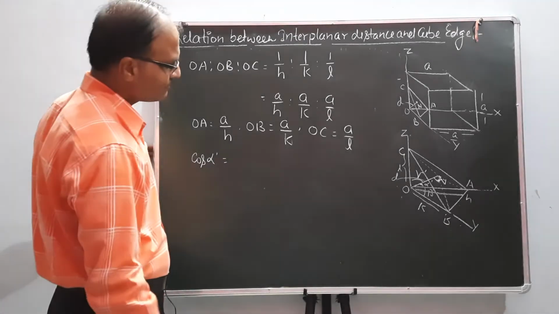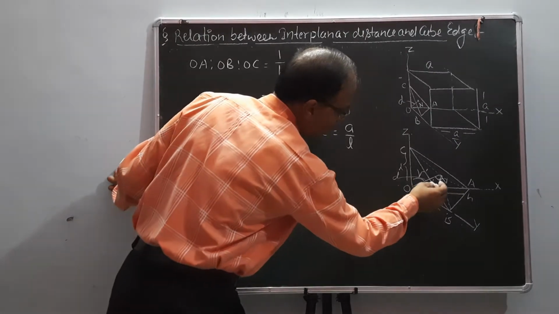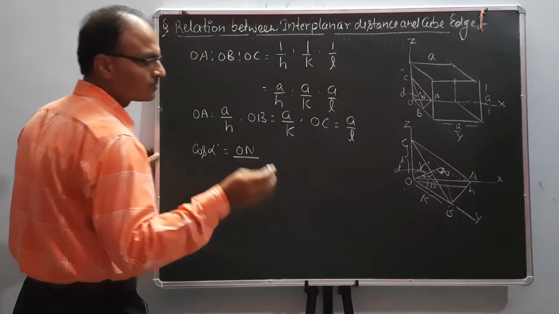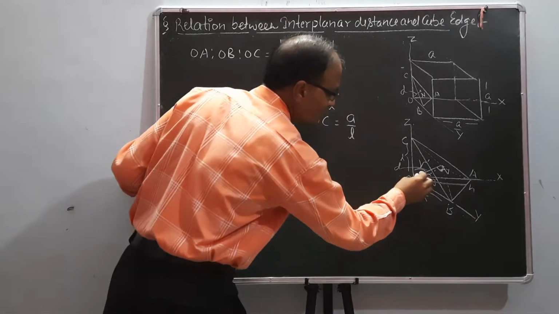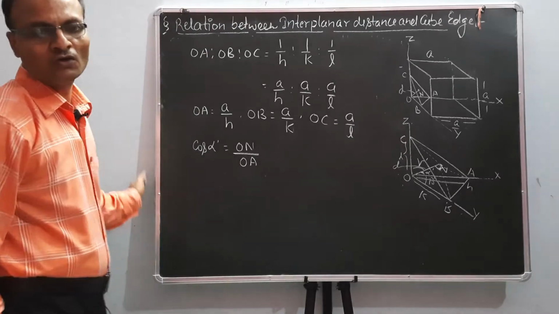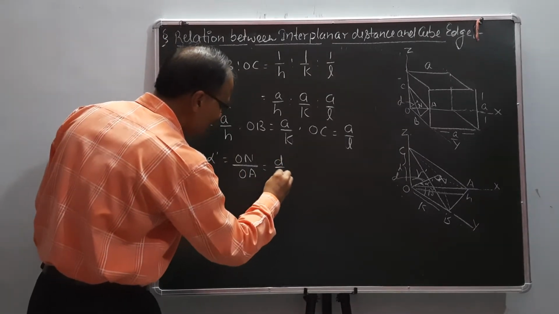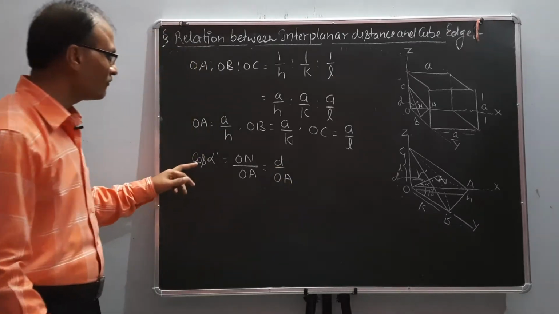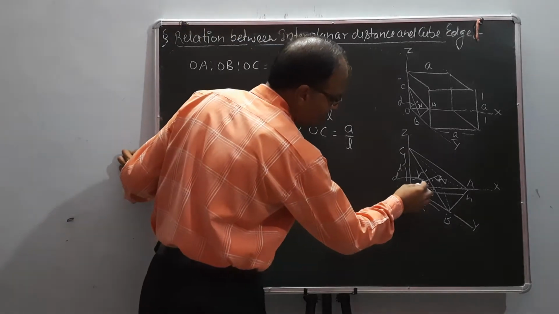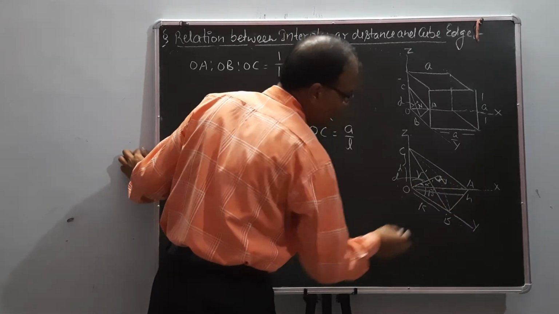Cos alpha dash equals base upon hypotenuse, where the hypotenuse is OA. So cos alpha dash equals ON upon OA, that is d upon OA. This is the value of cos alpha dash. This is the first triangle ONA.